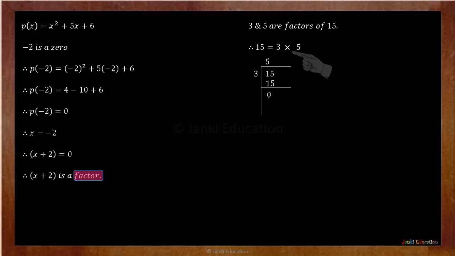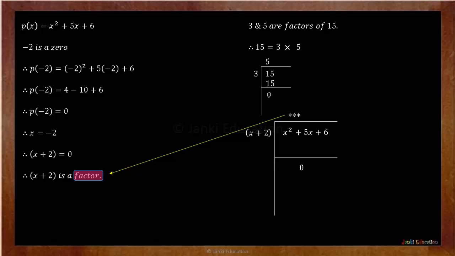That means if I divide x square plus 5x plus 6 by one of its factors, x plus 2, and in case I get remainder as 0, then this quotient will be the other factor.